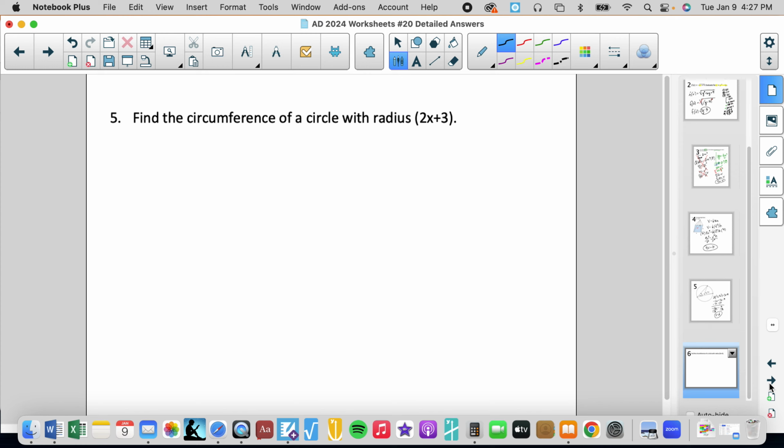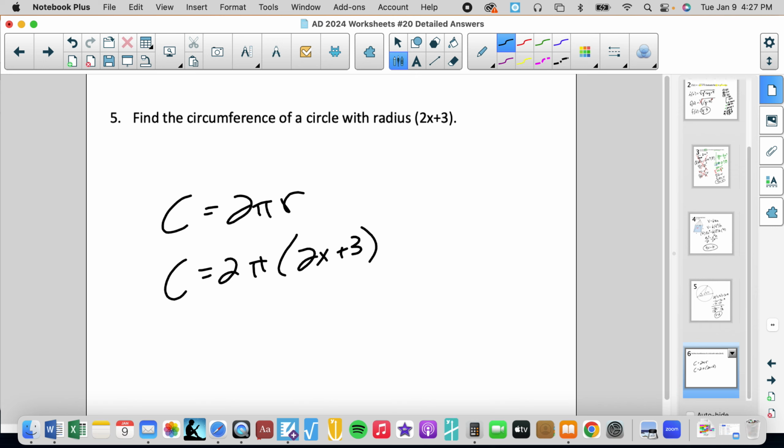Find the circumference of a circle with a radius of 2x plus 3. So circumference equals 2 pi r. Circumference equals 2 pi, and my radius is 2x plus 3. We would distribute that out, both of them.